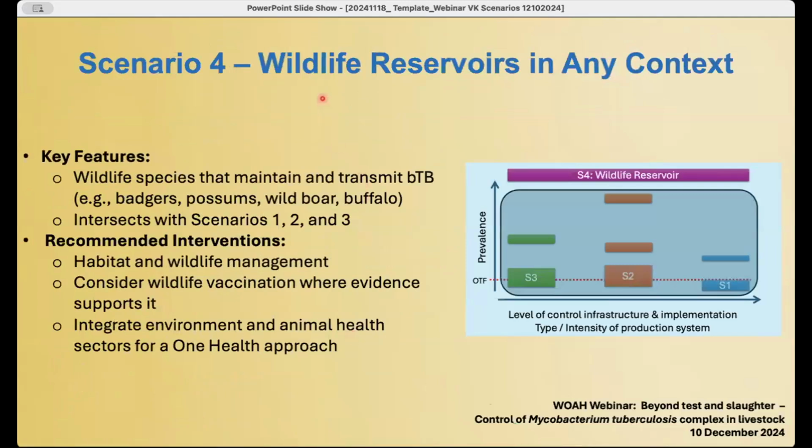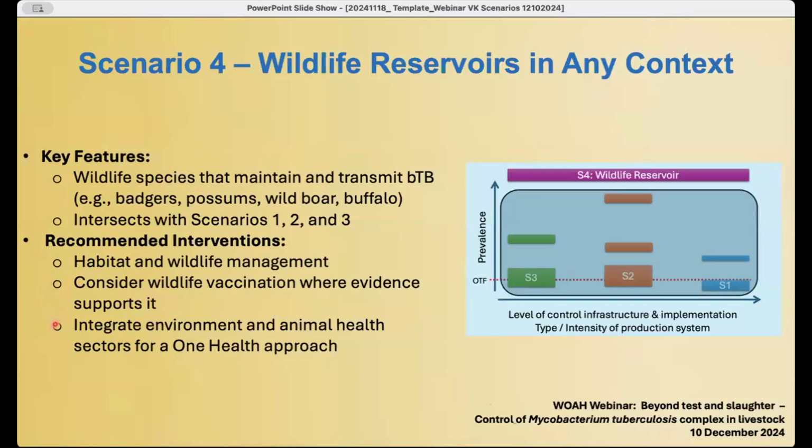And then scenario 4, pretty straightforward, around wildlife reservoirs. Important to note again that this could be relevant in any context, right? Scenario 3, 2, or 1. Here, habitat and wildlife management are important, as well as considering vaccination, as for example in Ireland and the United Kingdom and other places which have trialed this.